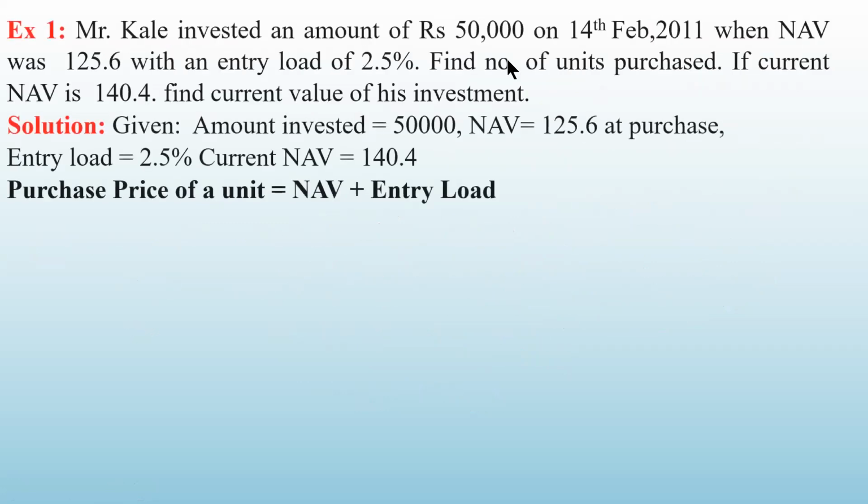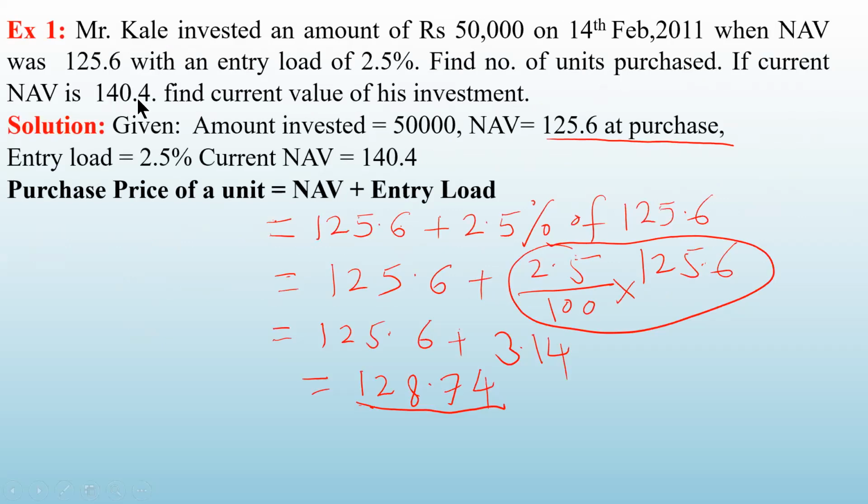What is the current NAV? It is 140 points. See, when he purchased, it was 125.6. And now see how much it has become. It means there is an increase in the NAV. So that is how he will gain the money. He will gain the profit. Okay, so NAV has increased.